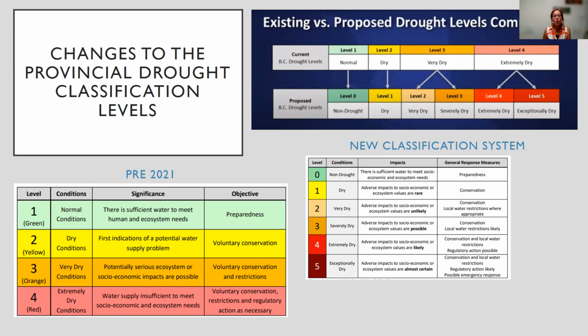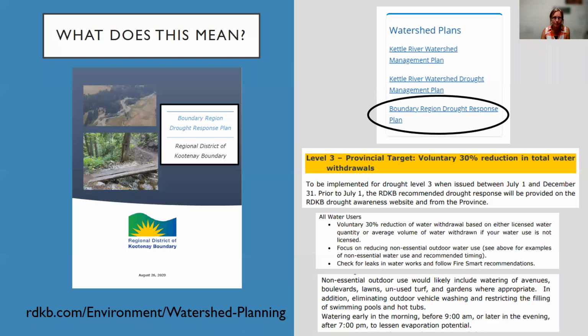I really like the top right corner there, which compares the existing, that would be the previous 4-level system, to the 6-level system. So that level 2 that they've identified the boundary region station at is 'very dry', which would have been similar to the early stages of our level 3.